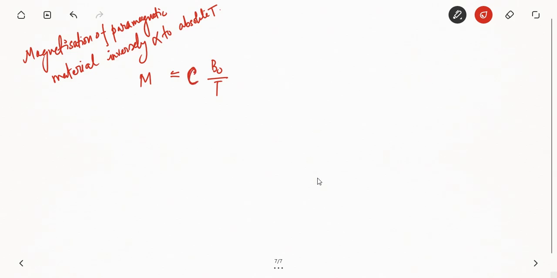C is the Curie constant, from Curie's law. And chi is also related to C: chi is equal to mu naught C by T, the temperature. So that's for paramagnetic material.